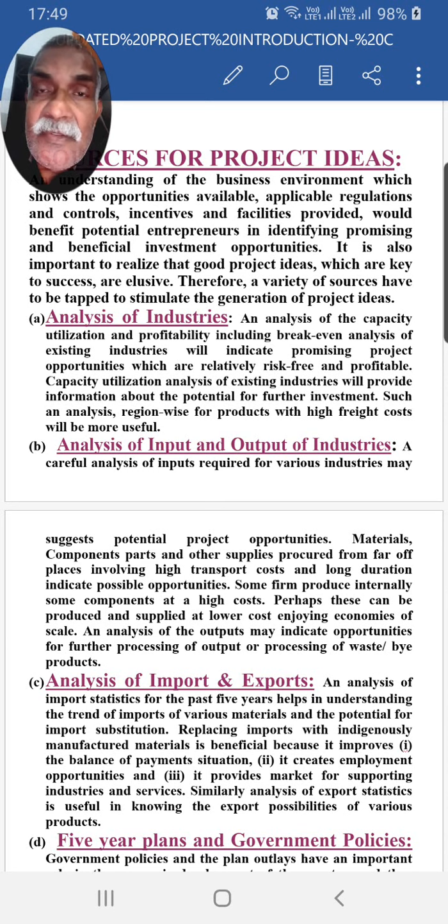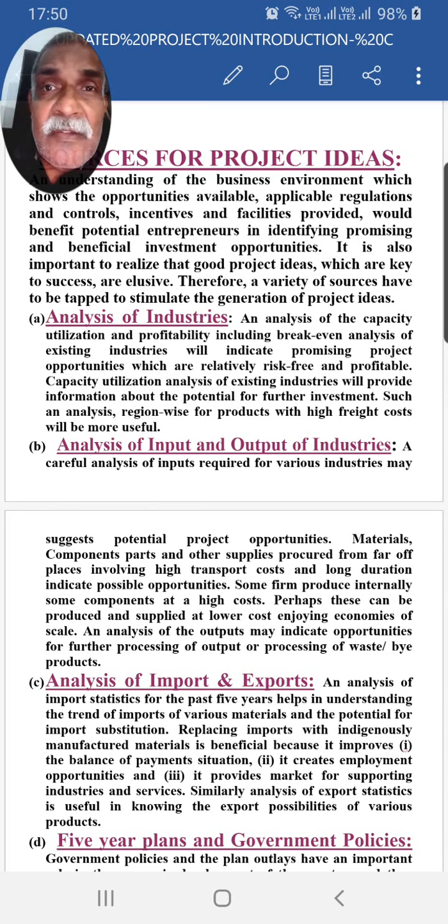So it is also important to realize that good project ideas, which are key important to success, are elusive. So a variety of sources have to be tapped. We have to tap the variety of sources to stimulate the generation of project ideas.